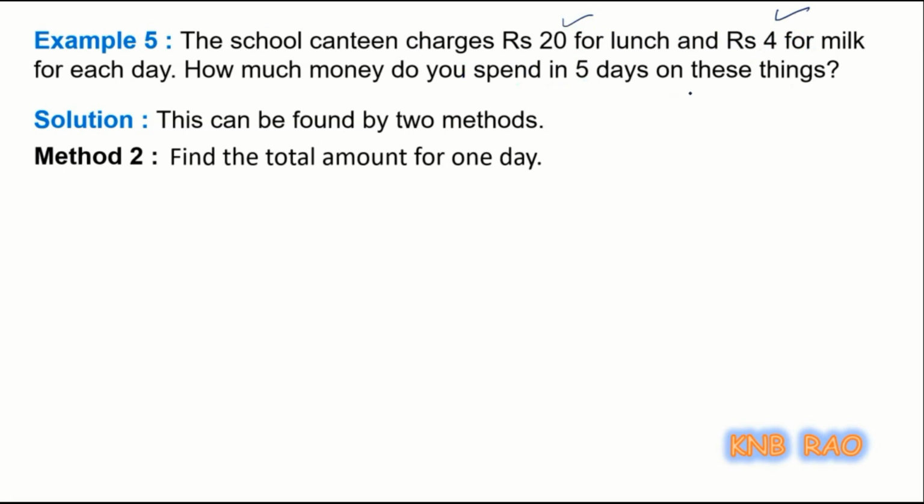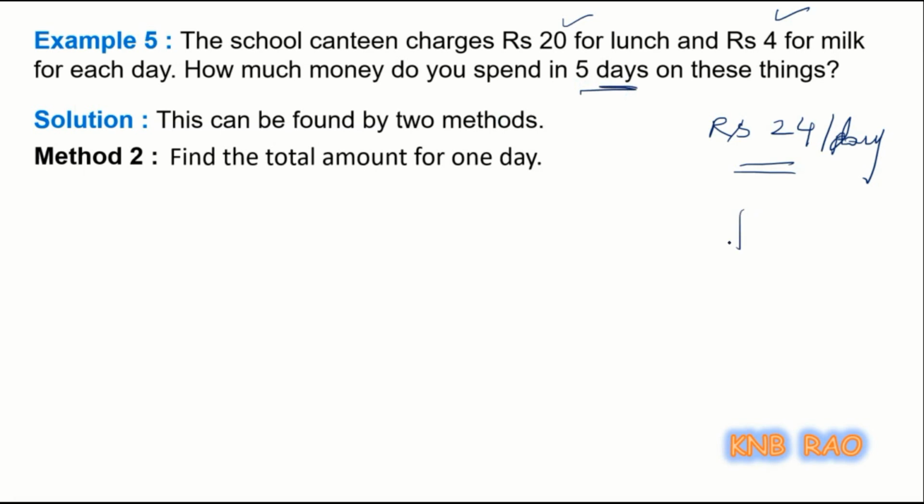So in a day you will spend 20 rupees plus 4 rupees, rupees 24 per day. So your expense per day is 24, and for 5 days, 5 into 24 is 120 rupees.